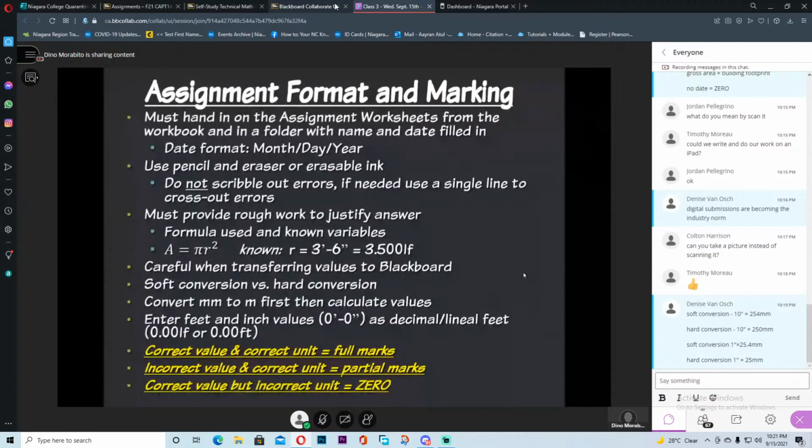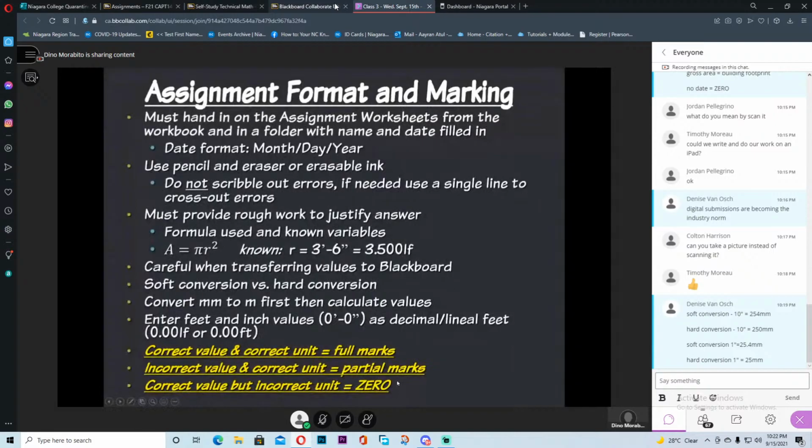But if you give me the right answer with the wrong units, think back to that 125 cubic feet as opposed to 125 cubic yards being $600 as opposed to $16,600. You can see why the right number but the wrong units for me is a real big no-no.